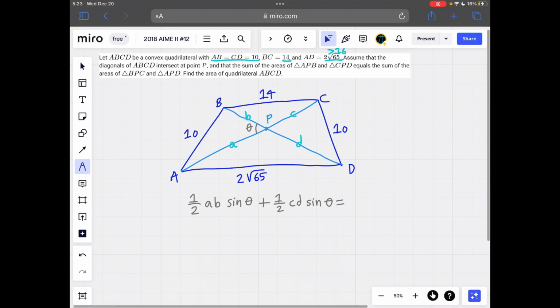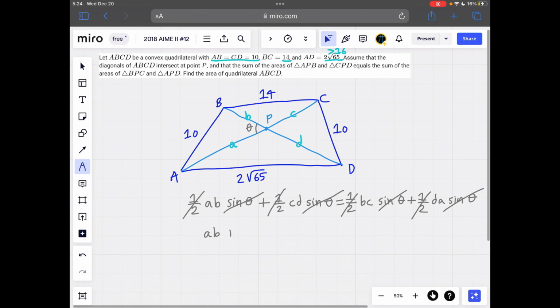The area of triangle BPC is 1/2 bc sine pi minus theta, but sine pi minus theta is equal to sine theta, plus 1/2 da sine pi minus theta, or sine theta. So we can cancel the sine thetas and also the 1/2s.